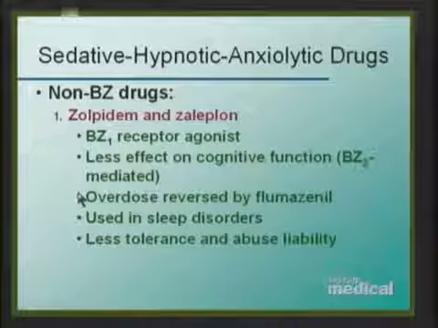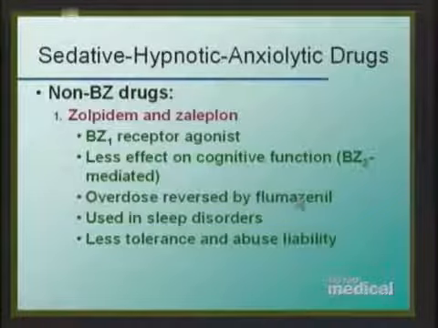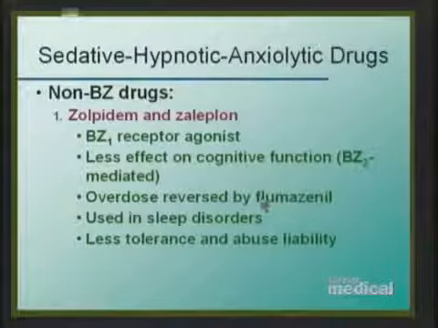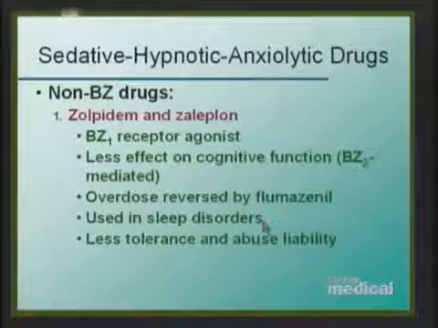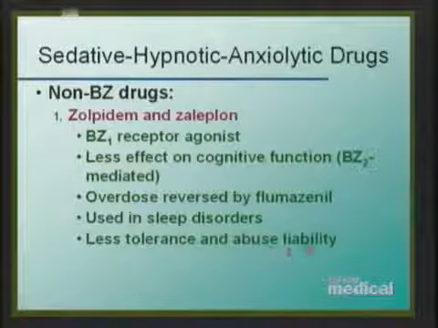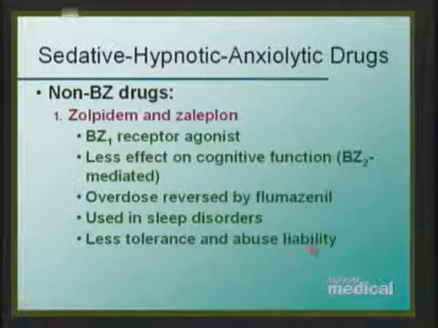Because they're benzodiazepine agonists, they are reversed by flumazenil, in spite of the fact that they're not benzodiazepines. They're purely used in sleep disorders and are associated with less tolerance and abuse liability than benzodiazepines themselves.